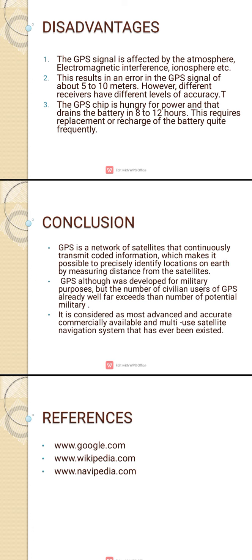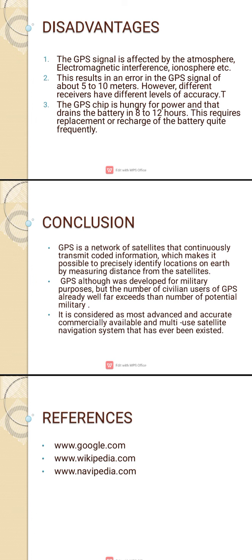The distance from satellite to the receiver is known by the time delay between when the satellite transmits a signal and the receiver receives it. The GPS satellites broadcast signals from space, and each GPS receiver uses these signals to calculate its 3D location, which includes latitude, longitude, altitude, etc.